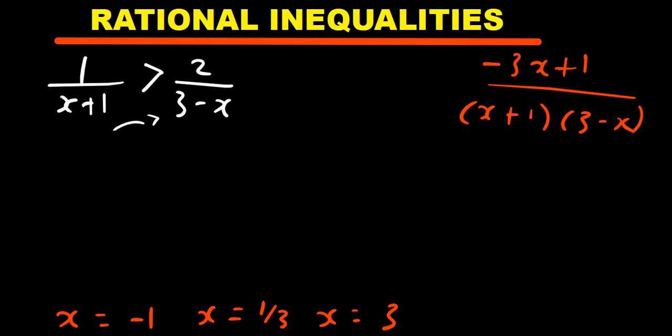Now that we have these, we come up with our solution set table. So let's just draw those. Because there are 3, I'm going to start by drawing 3 lines.